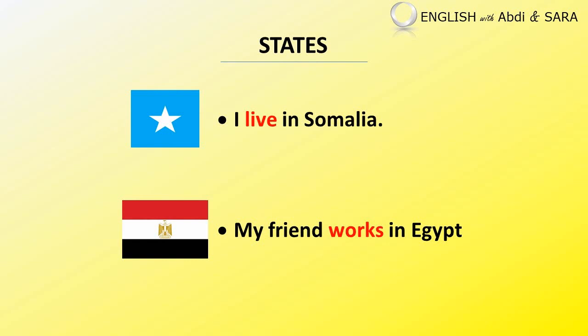This means currently the reporter lives within Somalia, but may go to live in another country or another place. Another example, my friend works in Egypt. It means currently he or she is in Egypt working, but they may find a job someplace else.